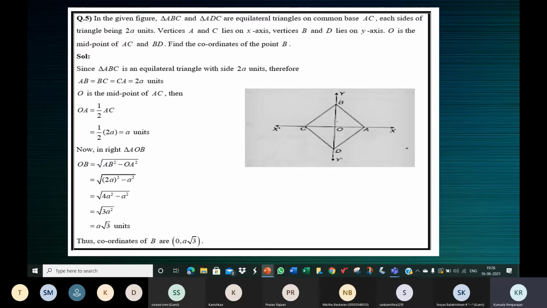How about A comma 0 and minus A comma 0?